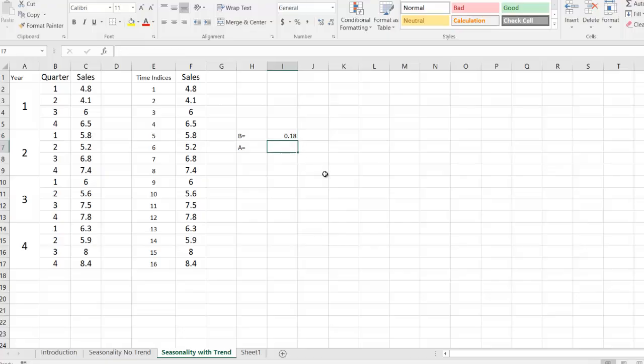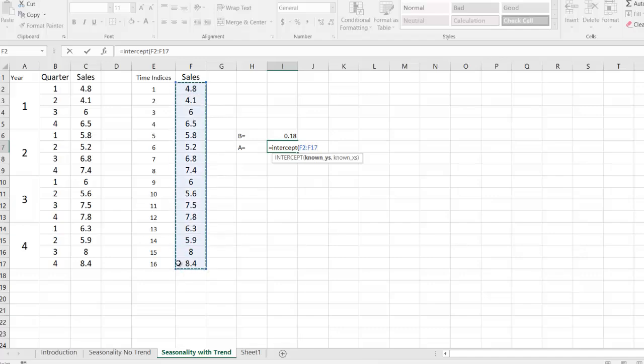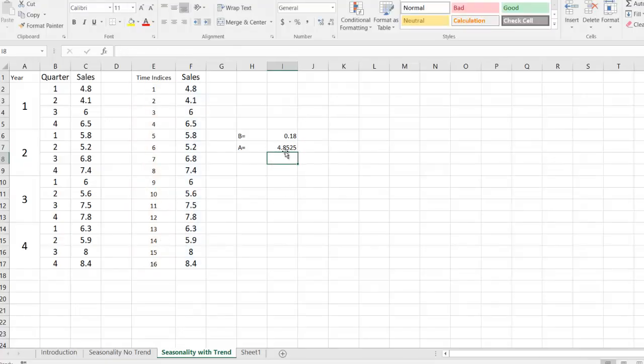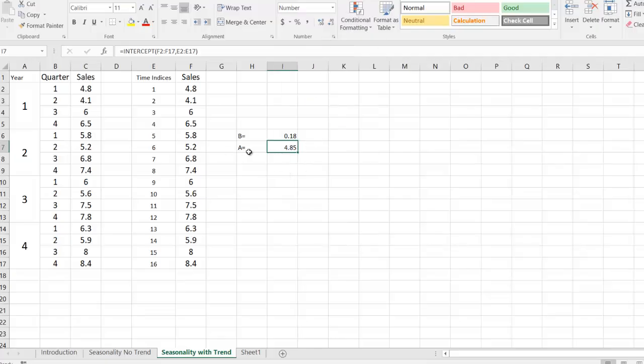And for the intercept, that's equal to intercept, known Y's are the sales, and the known X are the time indices. The intercept of the regression line is 4.85.